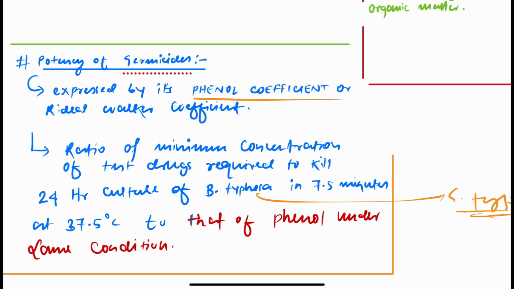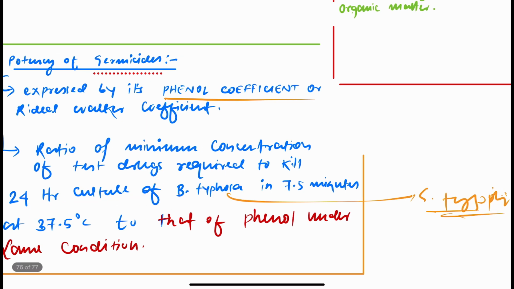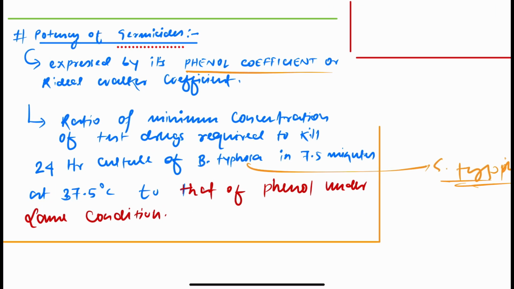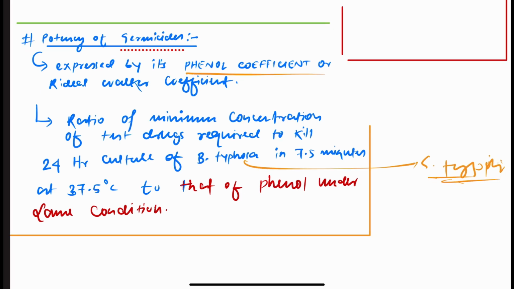This coefficient is nothing but the ratio of the minimum concentration of the drug required to kill a 24-hour culture of B. typhosa, that is Salmonella typhi, the typhoid-causing bacteria, in 7.5 minutes at 37.5 degrees Celsius to that of phenol under the same condition. तो एक रेशियो है, किसके बीच में? फेनोल के बीच में और सपोज एक्स वाई जेड के एक ड्रग्स के बीच में, जो कि सेल्मोनेला टाइफी बैक्टीरिया को 7.5 मिनट में मारता है 37.5 डिग्री सेल्सियस में. तो एक फेनोल और एक्सवाईजेड ड्रग्स के बीच का रेशियो है इस स्टैंडर्ड कंडीशन पे.